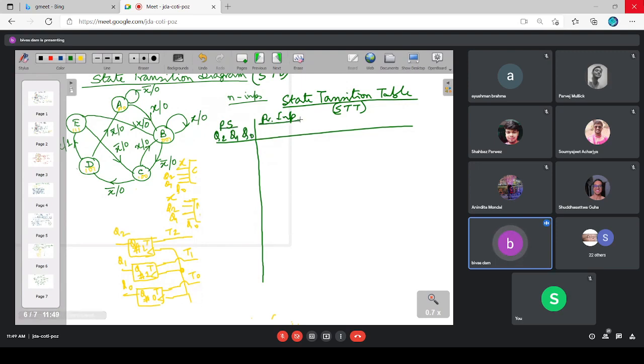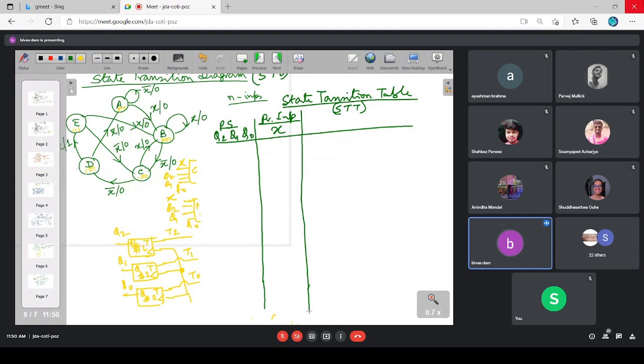And the present input, how many bits are there? 1. So how many combinations will be there altogether? 16. Fine. You know that when you are going for the truth table, all combinations must be written.